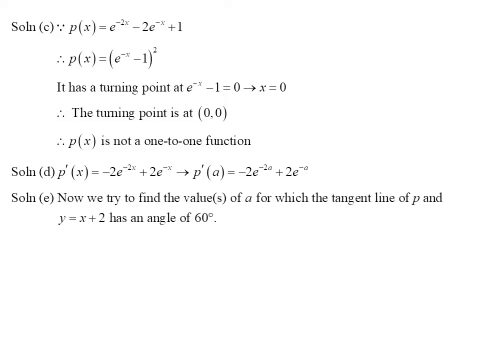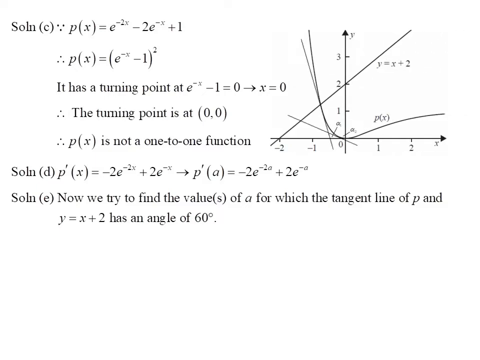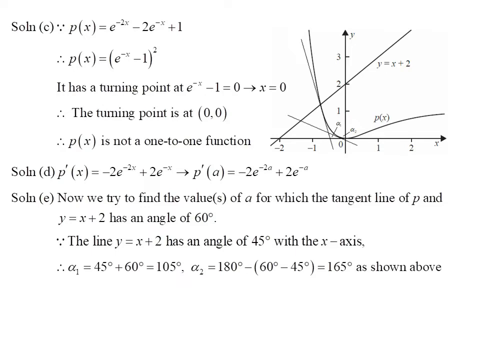Part E of this question is to find the values of a for which the tangent line of p of x and y equals x plus 2 has an angle of 60 degrees. Since the line y equals x plus 2 has an angle of 45 degrees with the x-axis, two angles alpha sub 1 and alpha sub 2 are indicated in the diagram, which can be calculated accordingly.